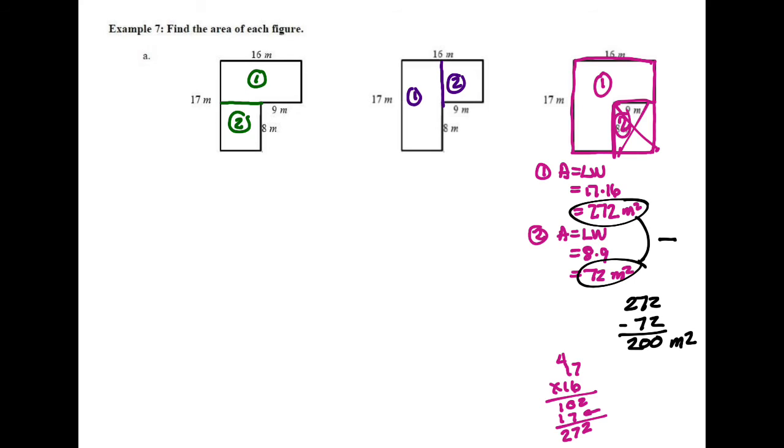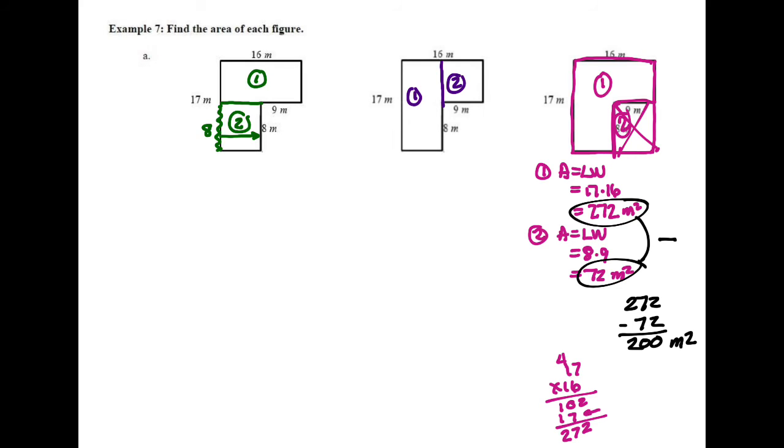So the green way, let's find the missing sides first. We know this whole thing is 17, and if we find this side, we've found this side, right? So I want to do 17 minus this part, and because it's a rectangle, that's 8.